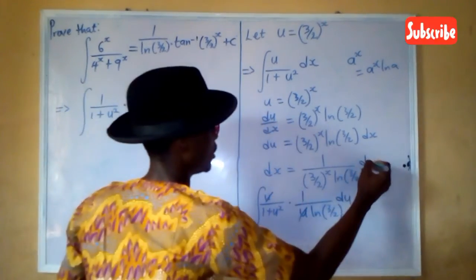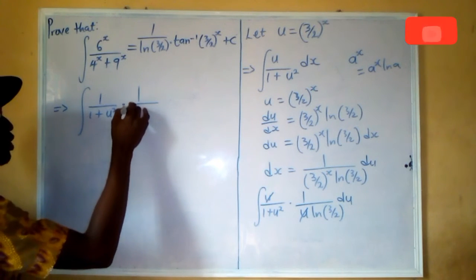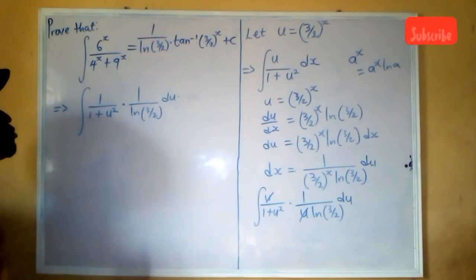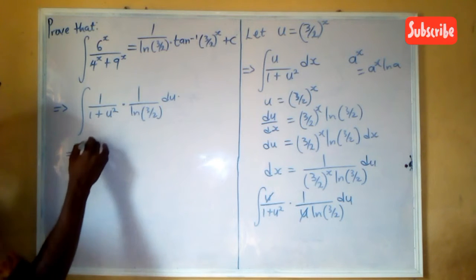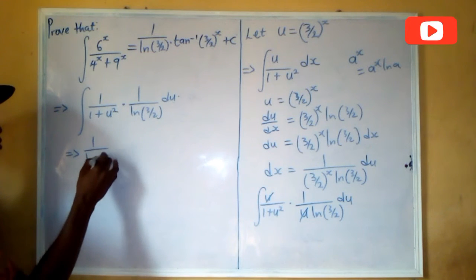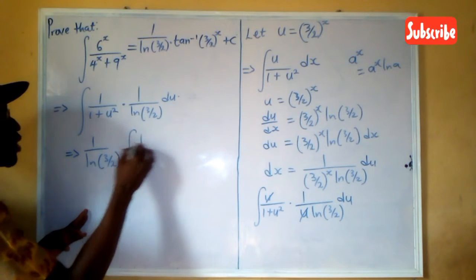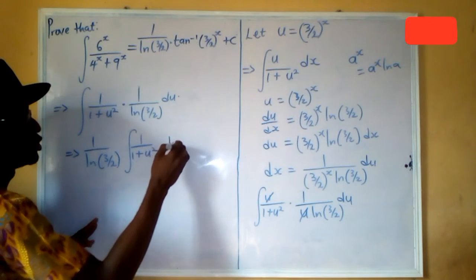Bringing it here, we have 1 all over ln(3/2) du. This is a constant, so we can take it out and have 1 over ln(3/2) times the integral of 1 all over 1 plus u squared du.